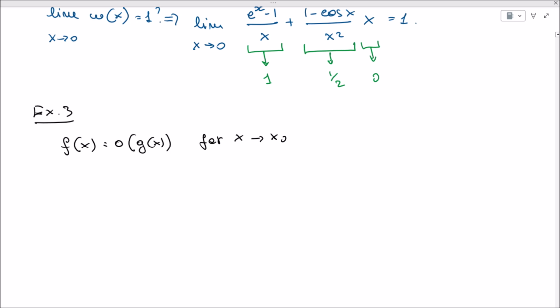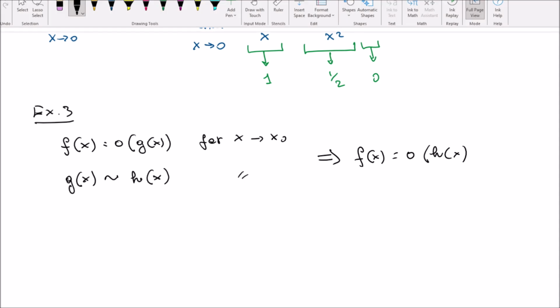Okay, and then let's say that g of x is asymptotically equivalent to another function h of x, always for x that tends to x naught. We would like to conclude that f of x now is also little o of h of x.